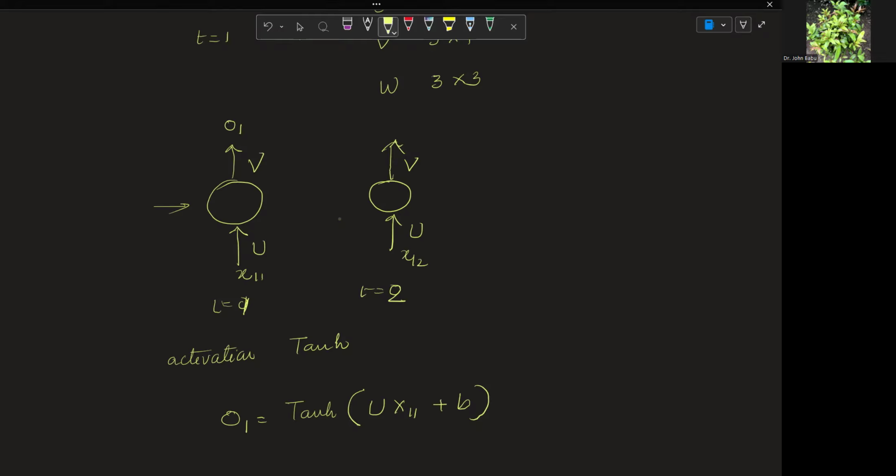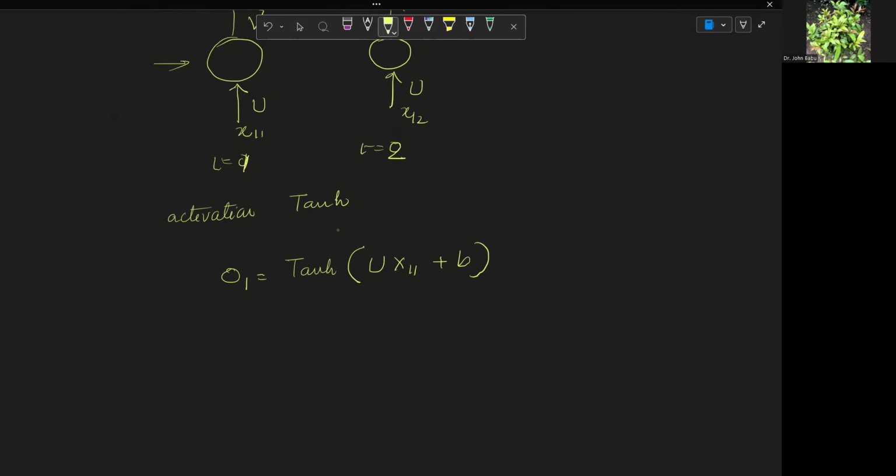Then O2. From the O1, we can calculate Y1 cap as, for example, a sigmoid function of V into O1 plus that bias.